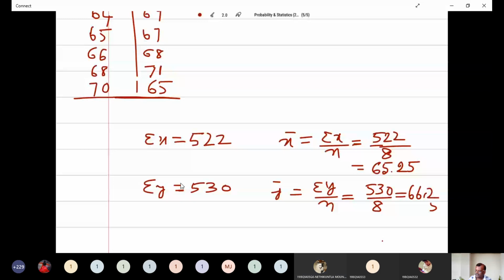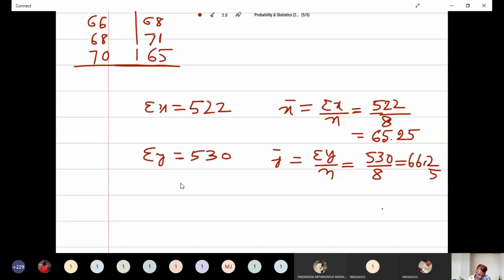Okay. Now here we have to observe that mean x bar is equal to 65.25 and mean y bar is equal to 66.25. That means the two means are in fractions. Therefore, instead of original means, we have to choose assumed means.